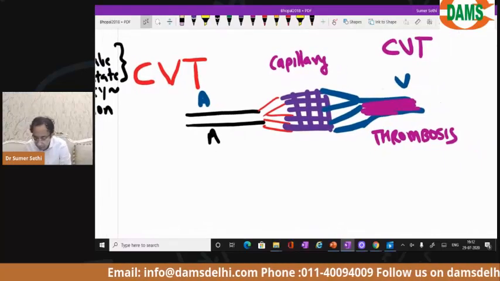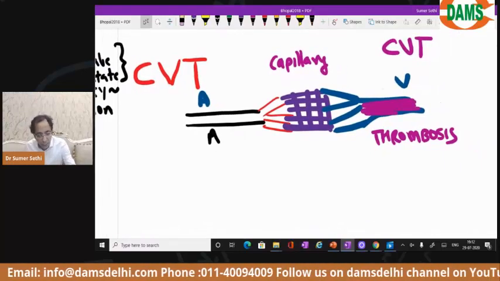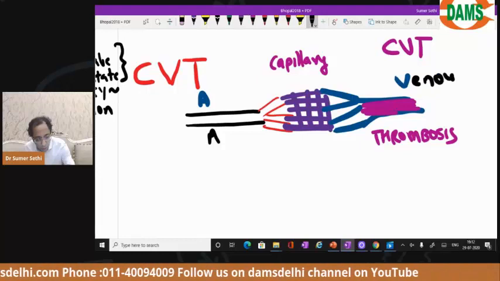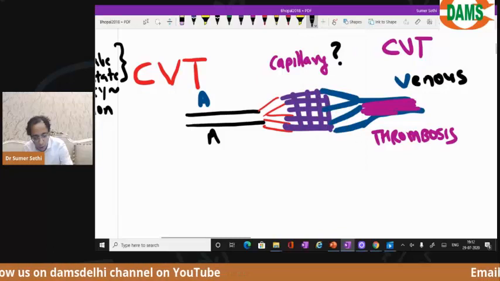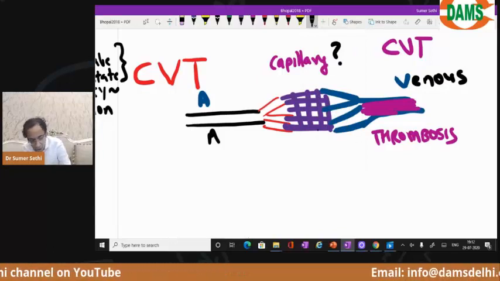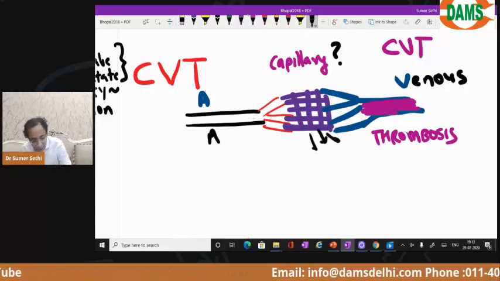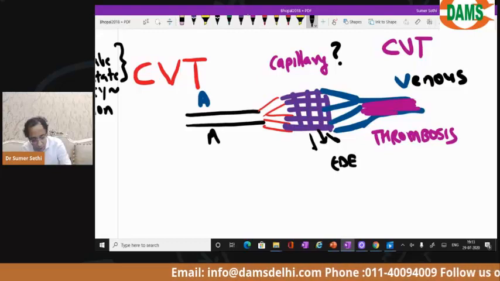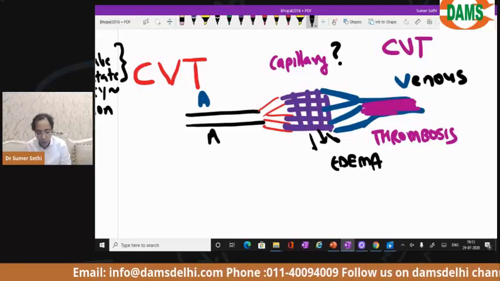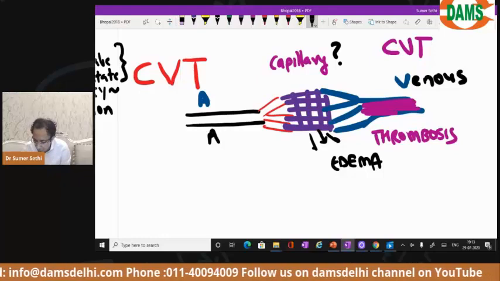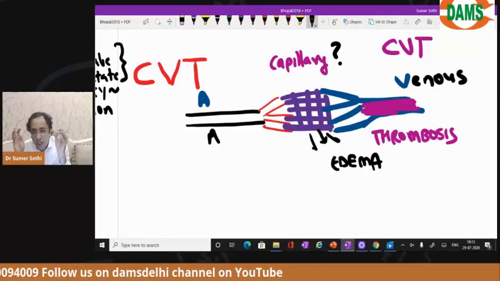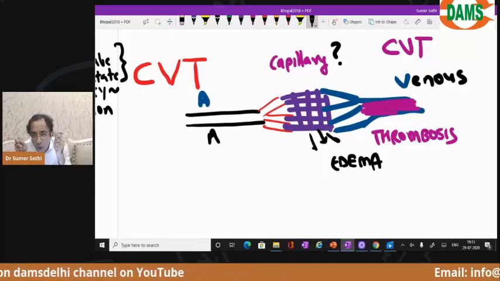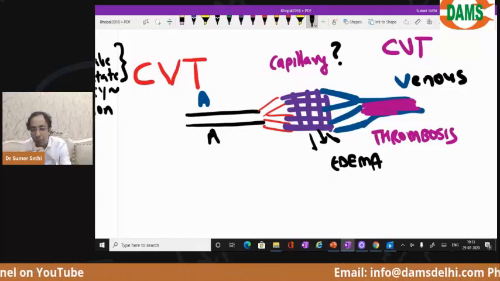Please listen to me. Okay, if you have a venous thrombosis in your brain, what will happen to the capillary? The capillary will start to leak. When the capillary is leaking, you will have surrounding edema. Very good. Now tell me, the capillary in the brain is giving oxygen to the brain parenchyma.